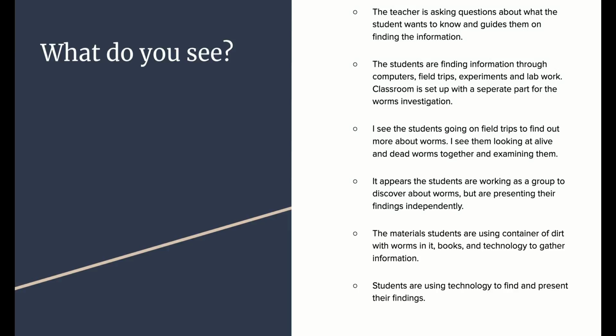The students were able to work in groups as they found out their information and then present it independently. They used different materials: a container of dirt, books, and technology to gather information.